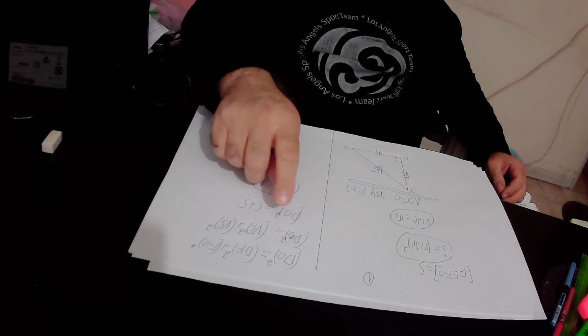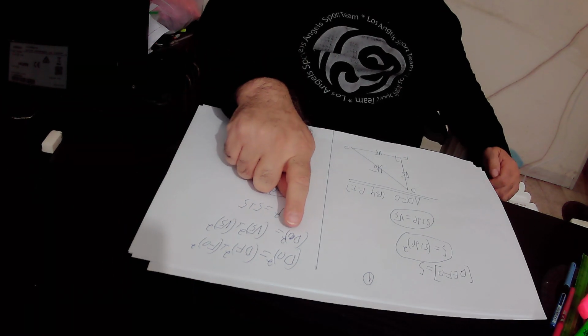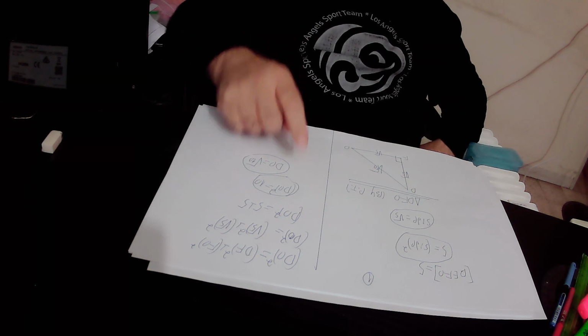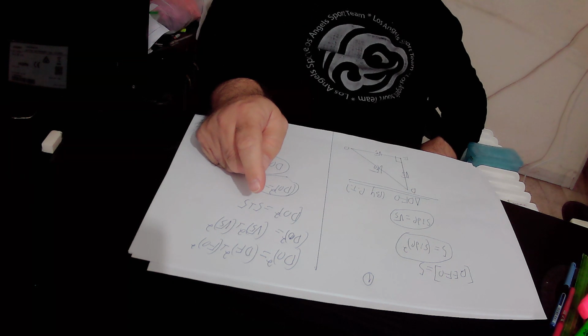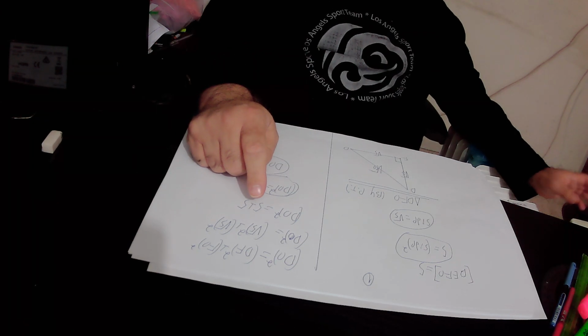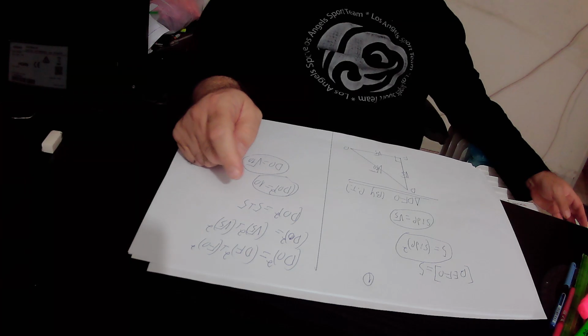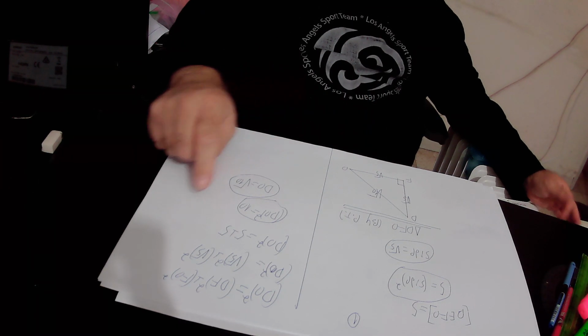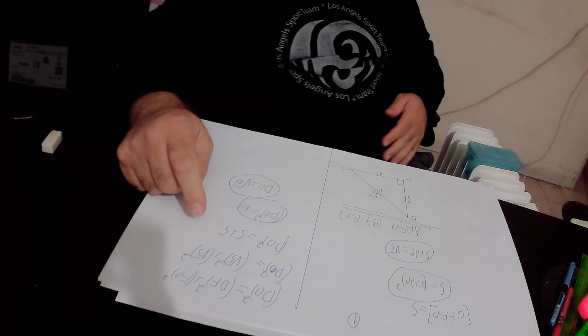So in conclusion, according to the Pythagoras theorem, DO squared equals DF squared plus FO squared. DF equals the square root of 5, therefore DF squared equals the square root of 5 squared. FO equals the square root of 5 units, therefore FO squared equals the square root of 5 squared also.